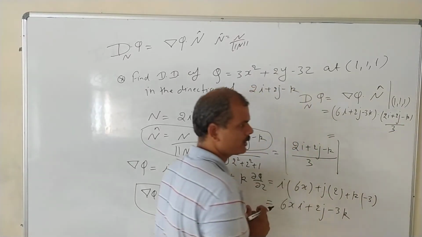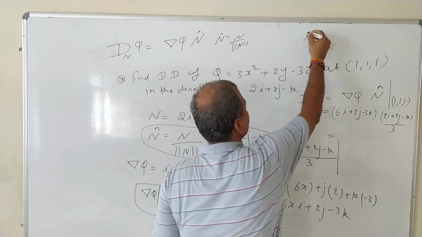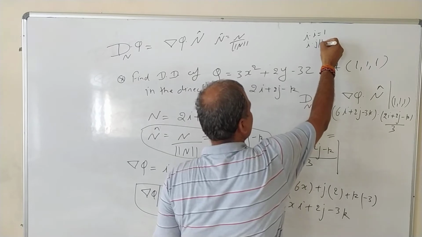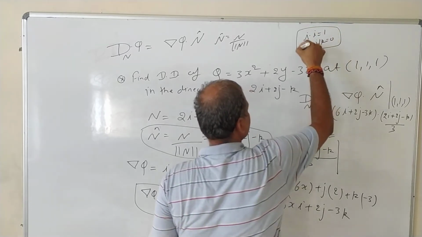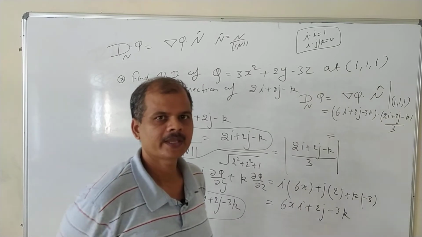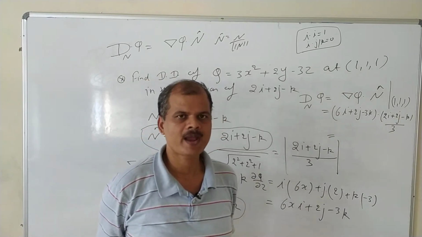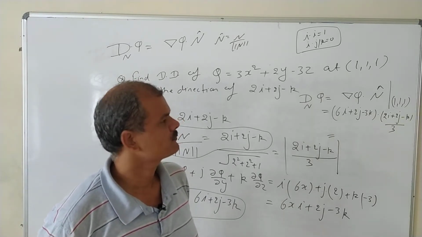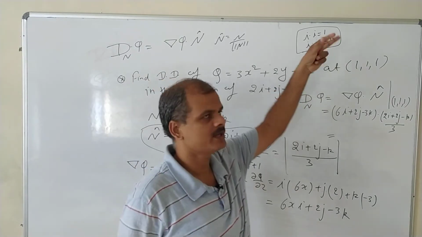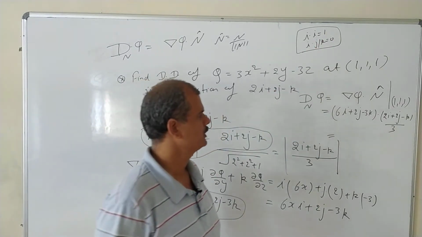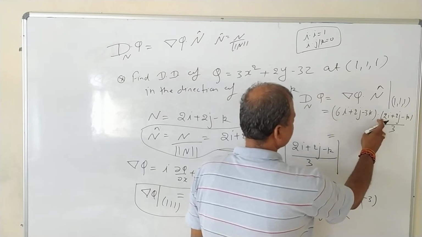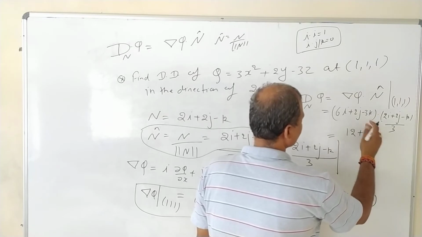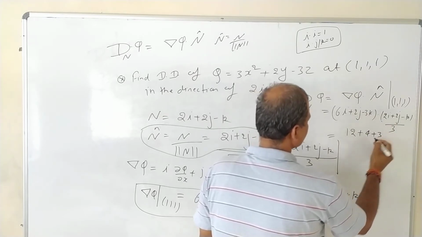This multiplication, you know, right? i into i will be 1, i into j will be 0, because a dot b means magnitude of a into magnitude of b into cos theta. When cos 0 it is 1. For i into j, theta is 90, so that is 0. So here we get 6 into 2 is 12, plus 2 into 2 is 4, plus 3, we get, right? Okay.